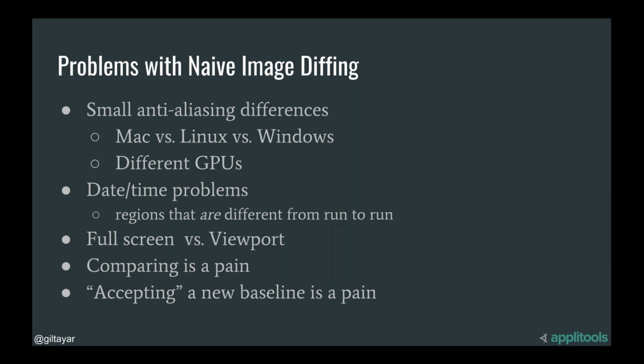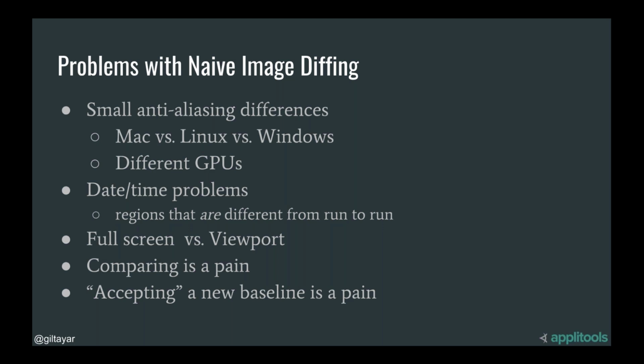There are date-time problems. There are regions that are different from run to run. So we have a date there and everything worked because we're running all the tests today. But if I run that test tomorrow, the dates will be different and I will get a problematic image. So I need to define ignore regions, which I ignore based on X, Y, width, height, based on various regions.